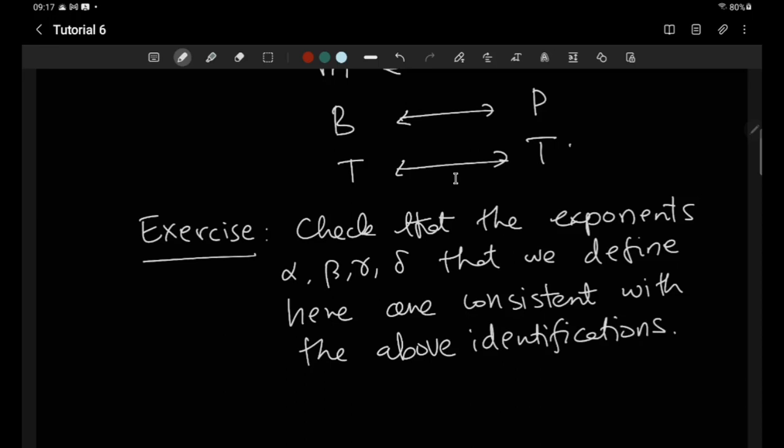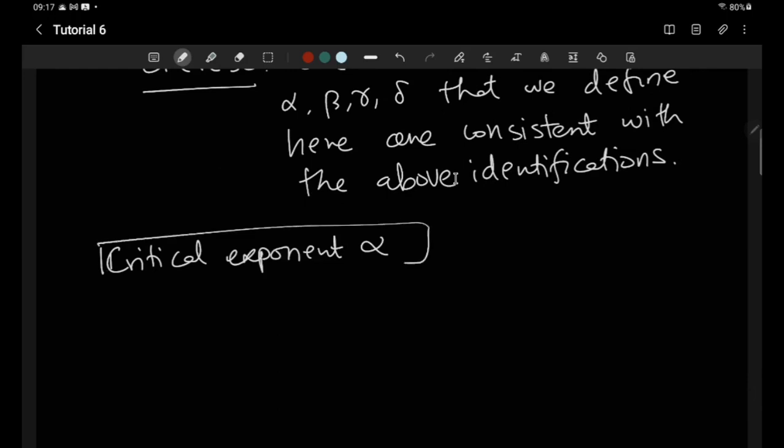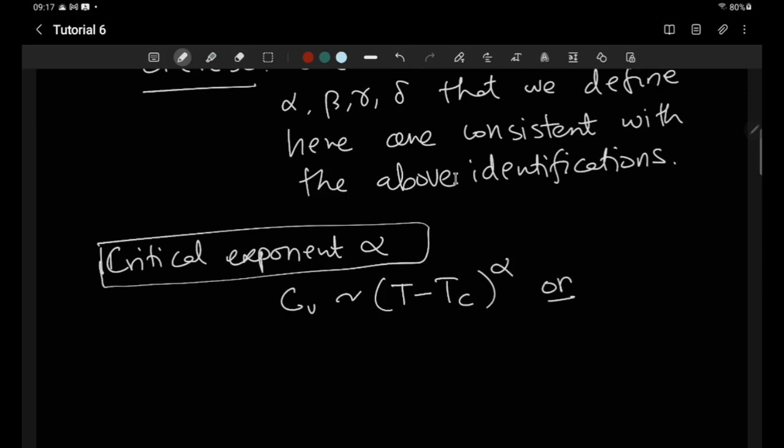So what we're going to do now, the first target, is the critical exponent alpha. That is the specific heat at constant V, which goes as T minus Tc to the power alpha, or in reduced variables, T minus 1 to the power alpha.